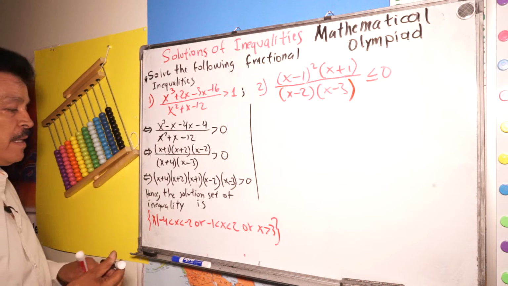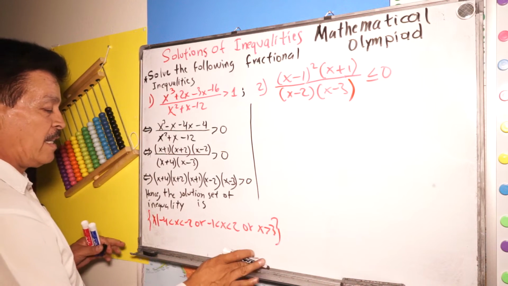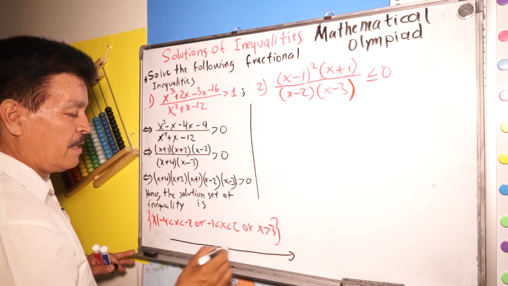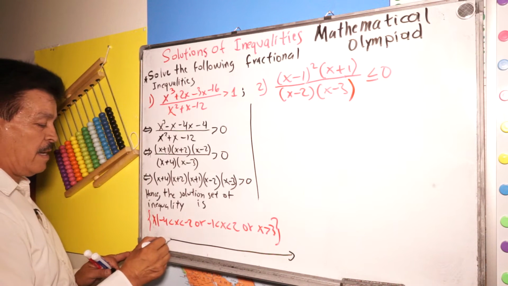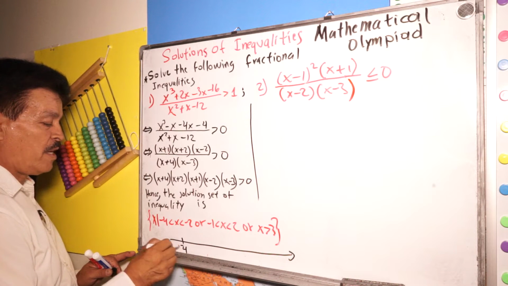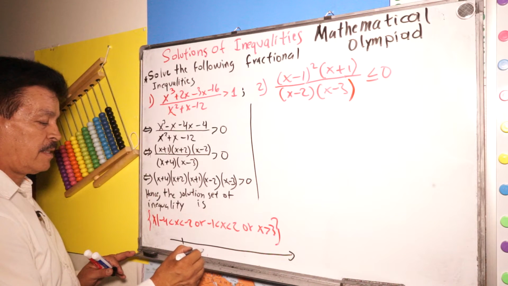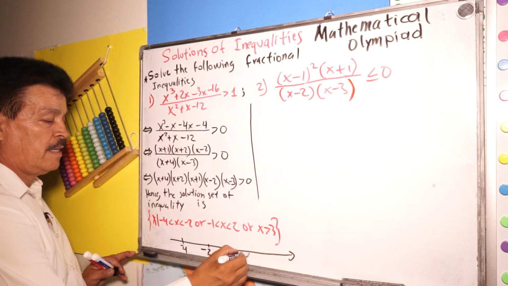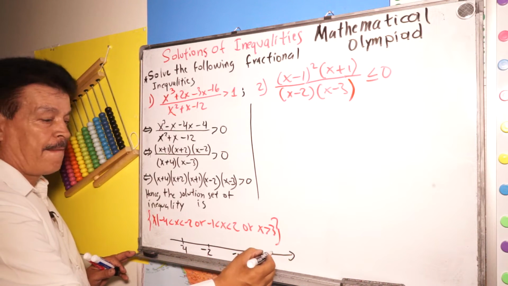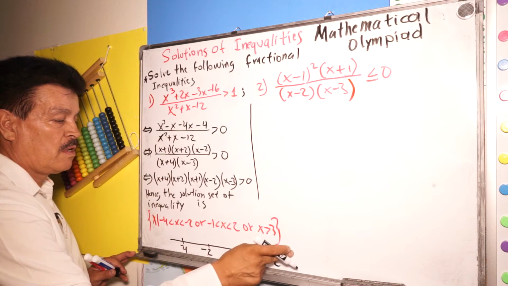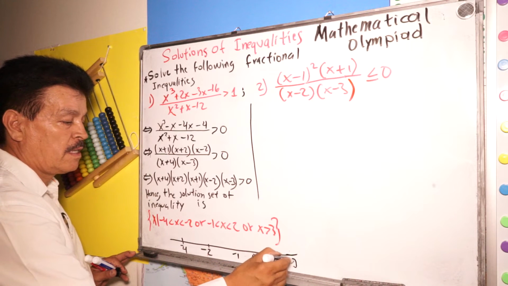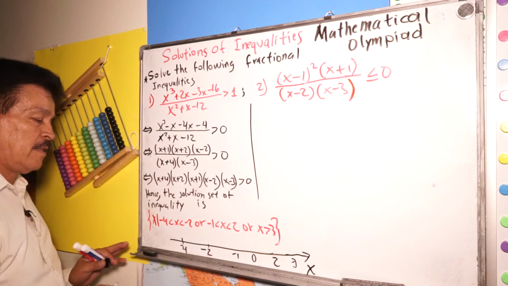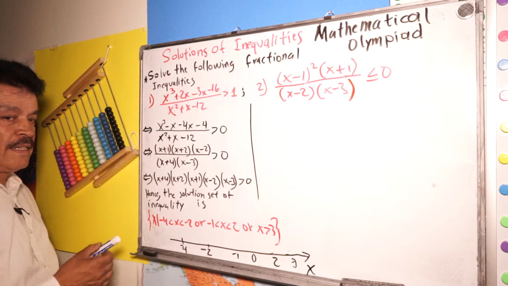If we make the graph, it looks like this. Let me do a little graph right here and write negative 4, negative 2, negative 1, 0, 2, 3. This is x. The graph runs like this.